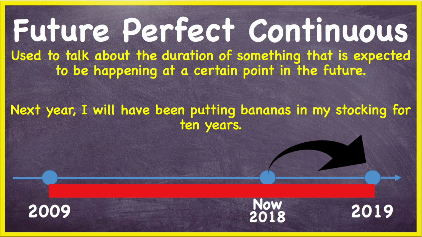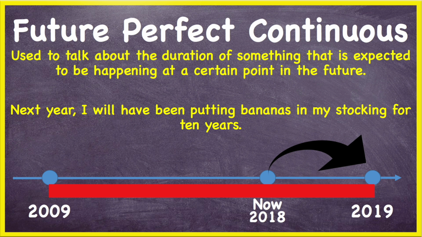The future perfect continuous is used to talk about the duration of something that is expected to be happening at a certain point in the future. This is probably the most advanced grammar point out of all the tenses.